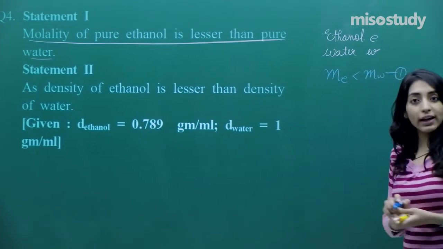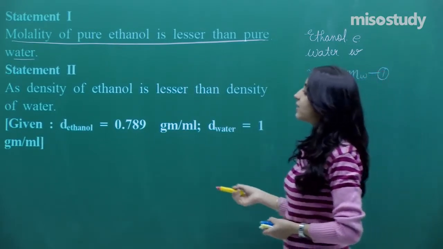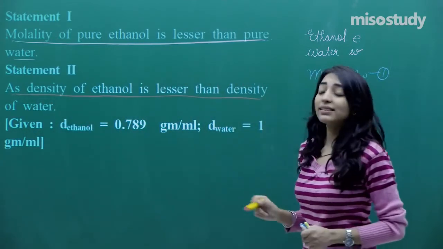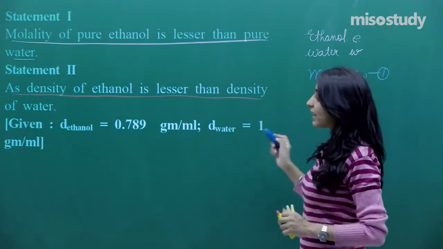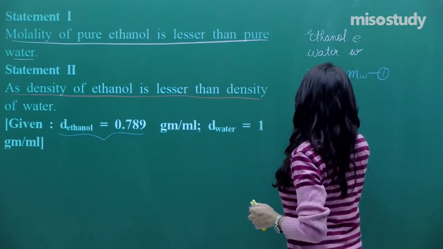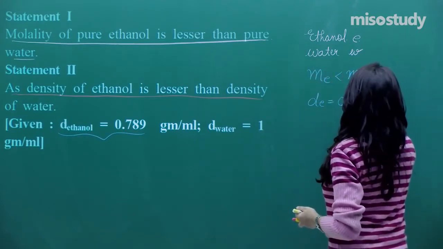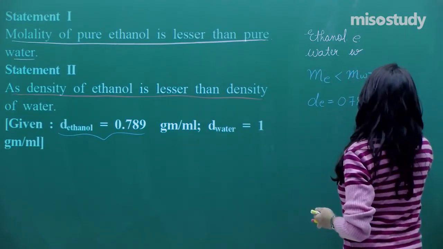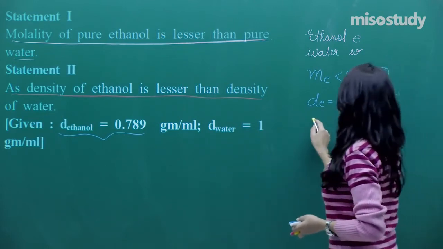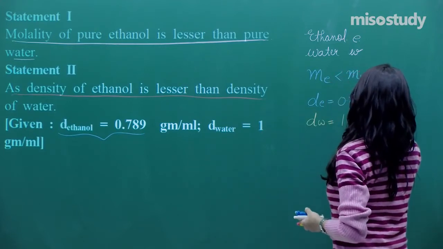So this we need to figure out. So I have written statement number 1. Second is, the density of ethanol is lesser than the density of water. And finally he has given the density of ethanol something around 0.789 grams per ml. And the density of water also he has given, 1 gram per ml.